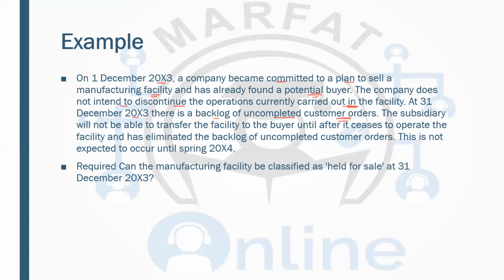The reason is that they have some unfulfilled orders which they have to complete. The subsidiary will not be able to transfer the facility to the buyer until after it ceases to operate the facility and has eliminated the backlog of uncompleted orders. They will not be able to sell the asset unless they have completed all the orders. And this is not expected to occur until spring 2004.